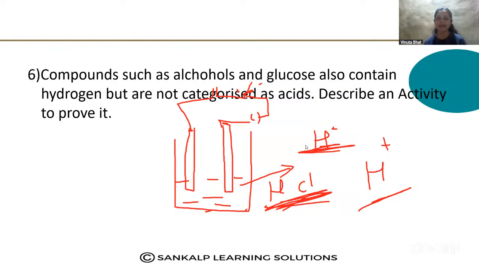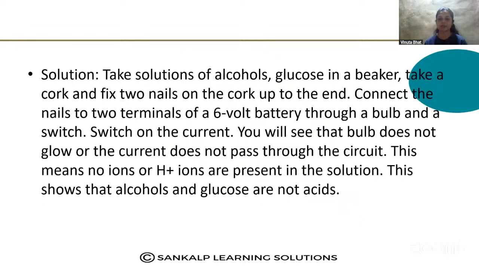So this activity you have to explain. Take the solution of alcohol or glucose in a beaker and cork, and fix two nails on the cork up to the end. Connect the nails to the terminals of a 6-volt battery through the bulb and the switch and switch on the current. Then you will see the bulb is glowing.